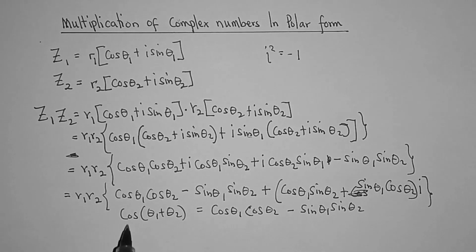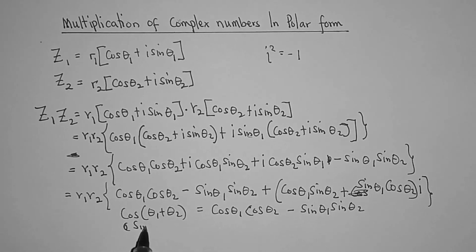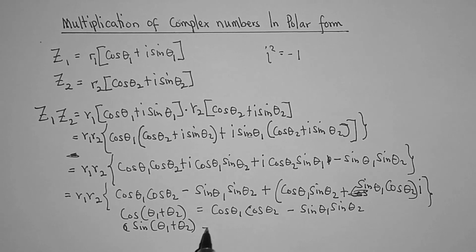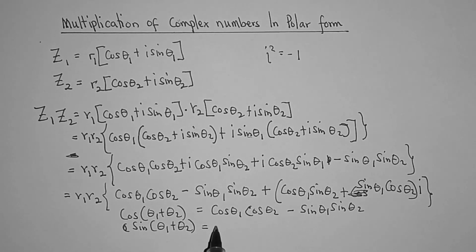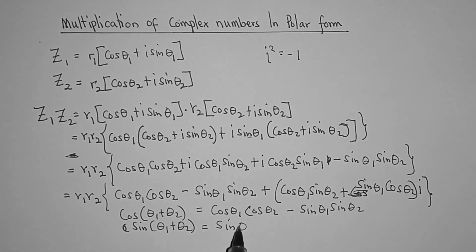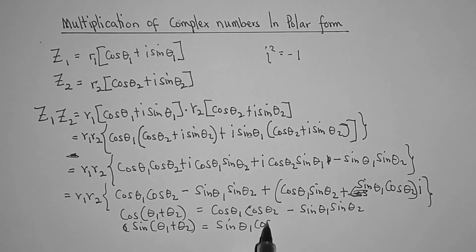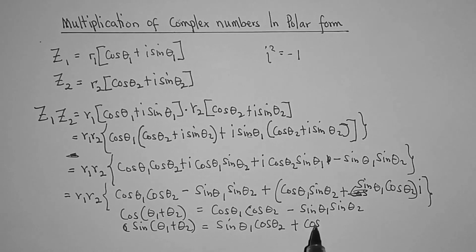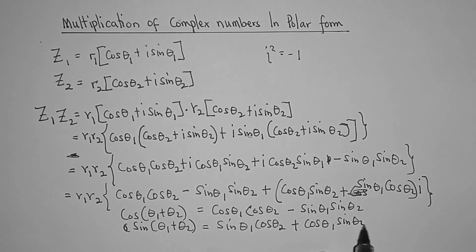And let's also do sine into bracket theta 1 plus theta 2. This is equal to sine theta 1 cos theta 2 plus cos theta 1 sine theta 2.